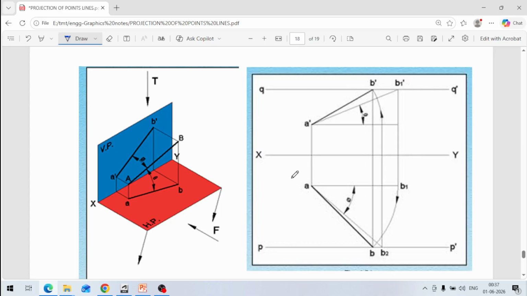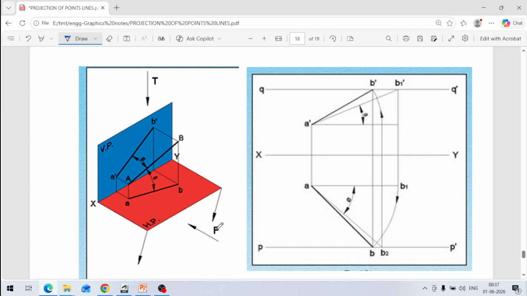This distance is given here, and at this distance we draw a horizontal line. Here this angle is phi, and here this angle is theta, as given.